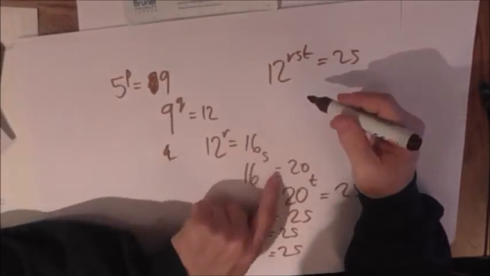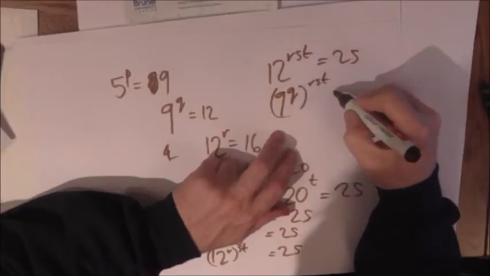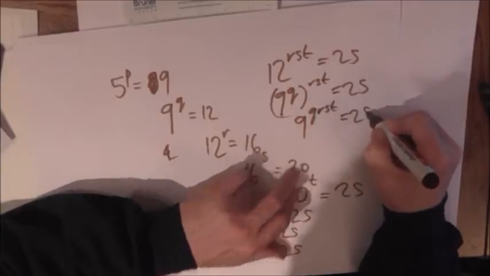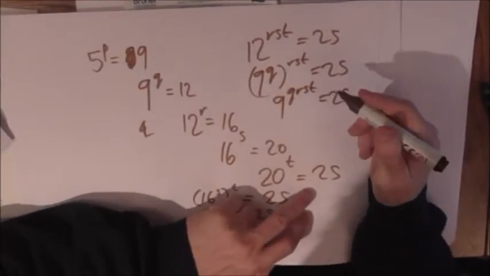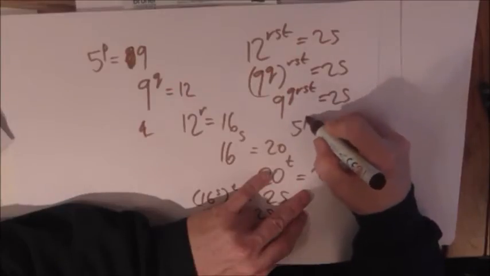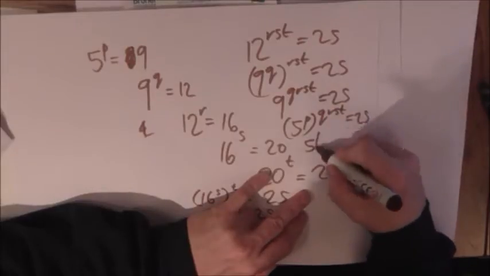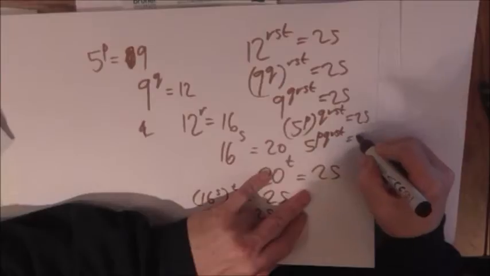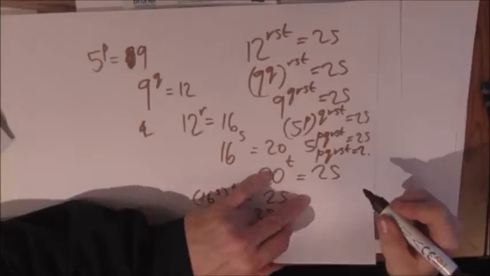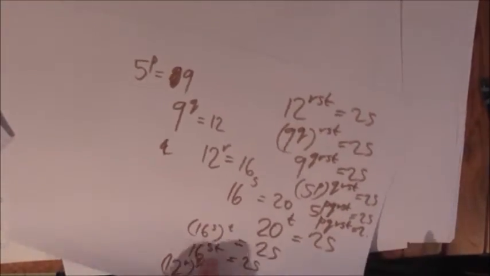Now instead of writing 12, I'm going to write 9 to the q. Then you multiply the powers. And now instead of writing 9, I'm going to write 5 to the power of p. So therefore 5 to the power of pqrst equals 25. So therefore pqrst must be 2, which is what they wanted. So the answer to the question is 2. So that's question number 5.